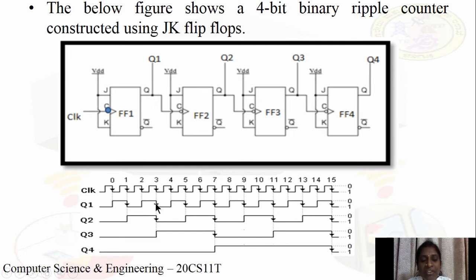If it gets the falling edge, it changes its state from 1 to 0. It retains the 0 state until it gets the negative falling edge. If it gets the negative falling edge from the previous flip-flop output, it changes its state from 0 to 1. Next, it retains its state until it gets the negative edge.